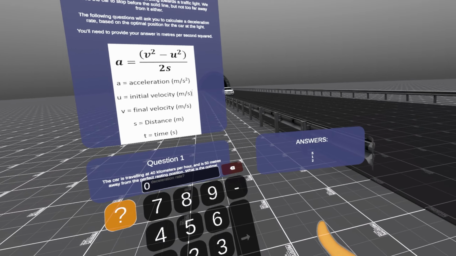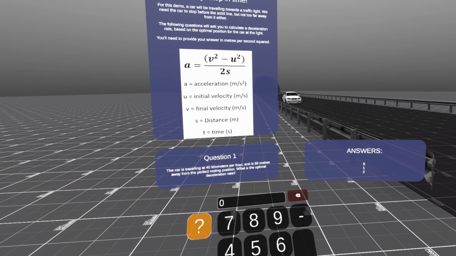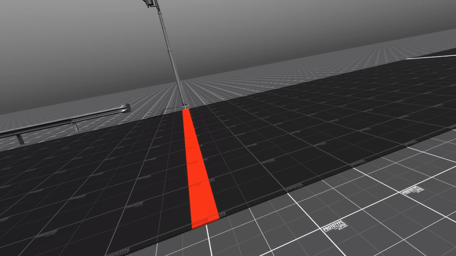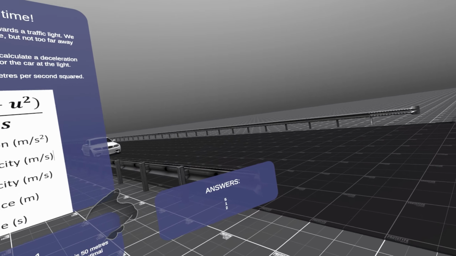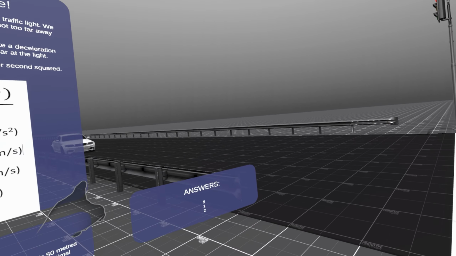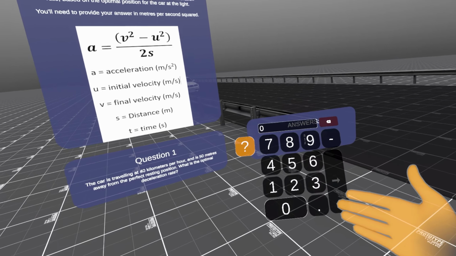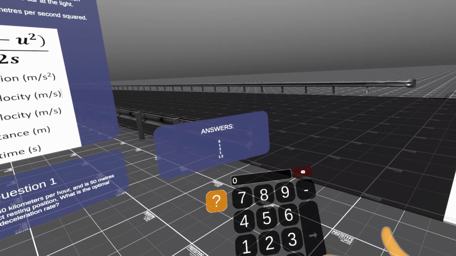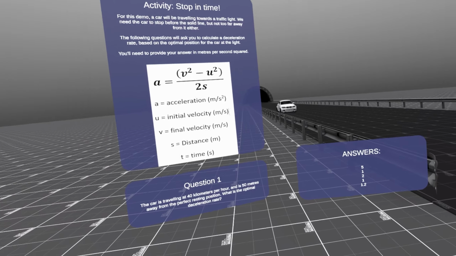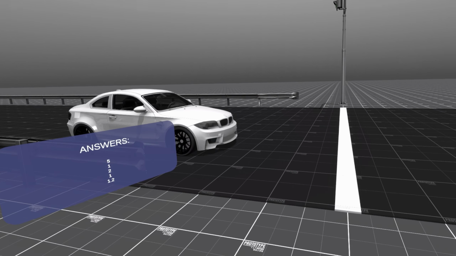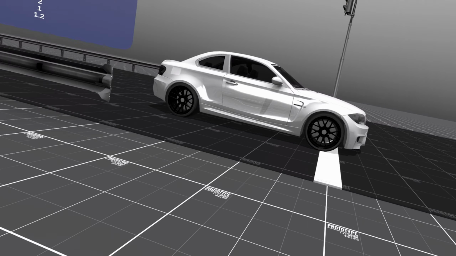So, 2. That's not entirely right. 2 is there, then that means 1.5 is around there, which means we're close to 1.2. Not quite.